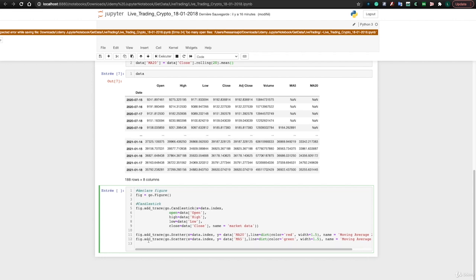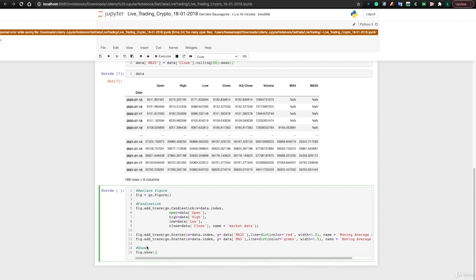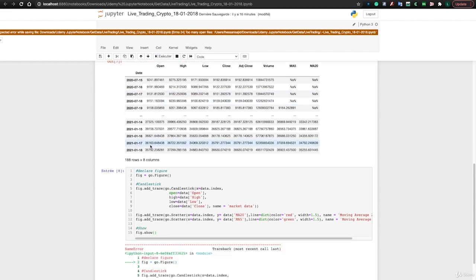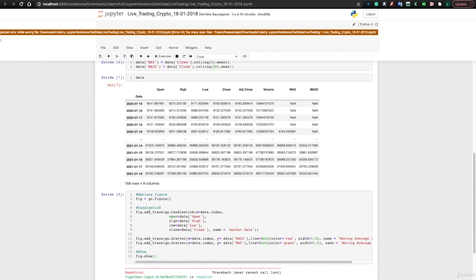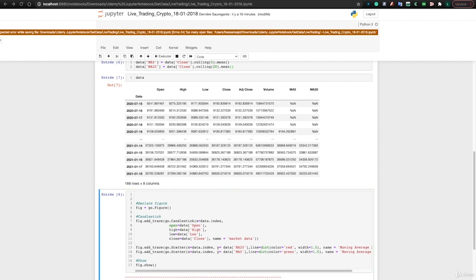Okay, and let's plot this graph. Let's plot this graph. Show, and execute. Okay, we should have imported Plotly for the data visualization.